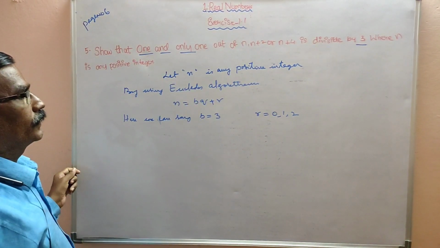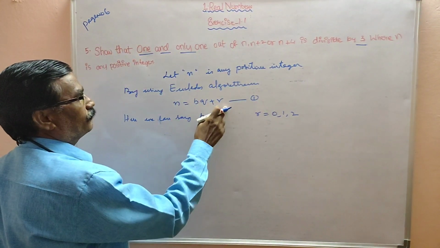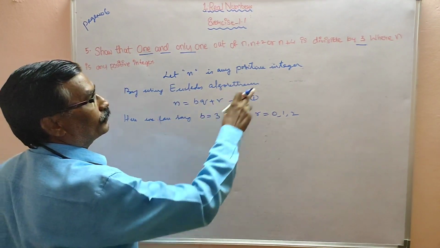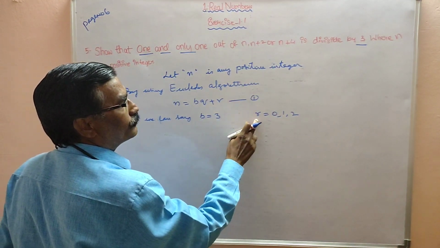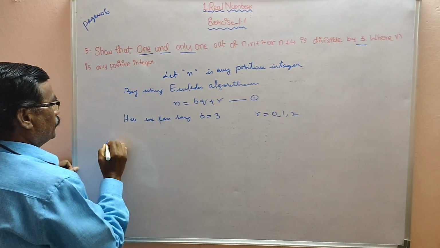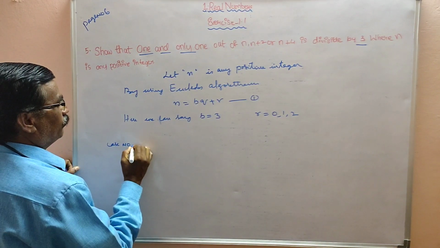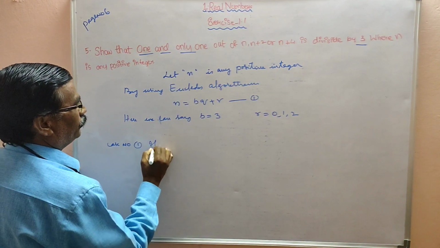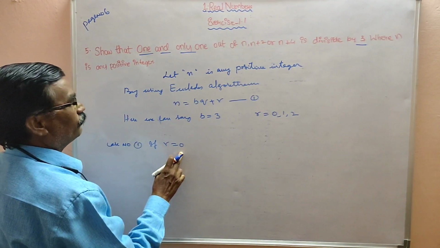Here this is equation number 1: n equal to bq plus r. So b equal to 3, and r equal to 0, 1, 2 will come. So here in case number 1, if I am taking r equal to 0, n equal to bq plus r, b means 3q, r means 0.